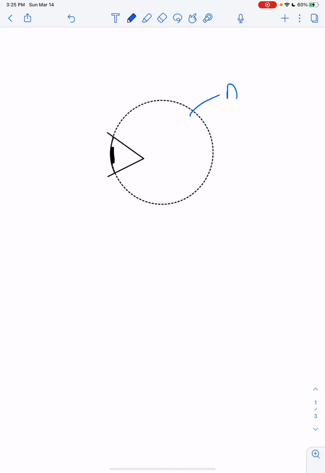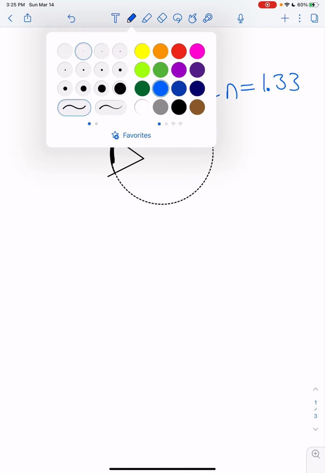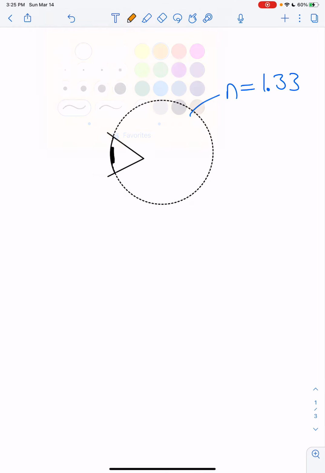Inside the eye, we're told the n value is 1.33. And obviously outside, we have the air, and that's got an approximate n value of 1. It's just a little bit more, but it's basically 1.